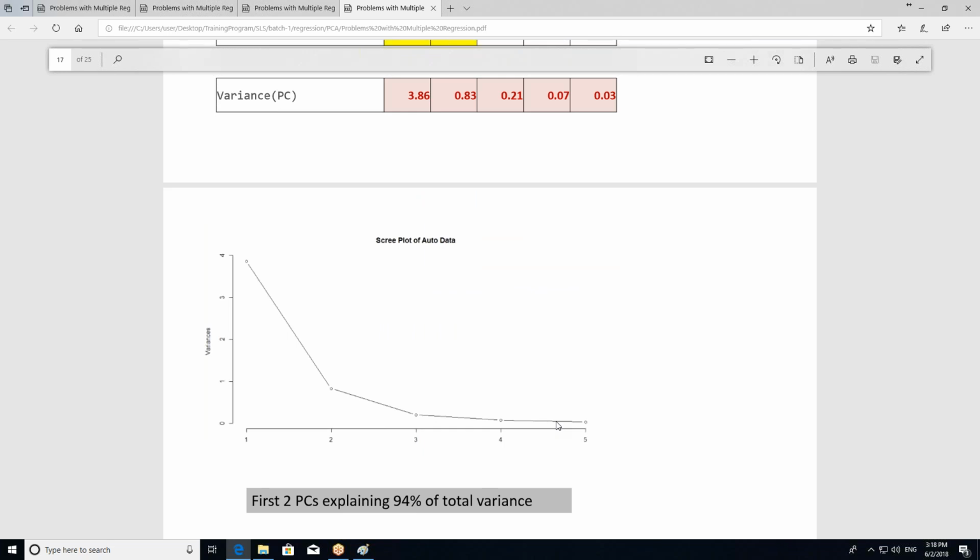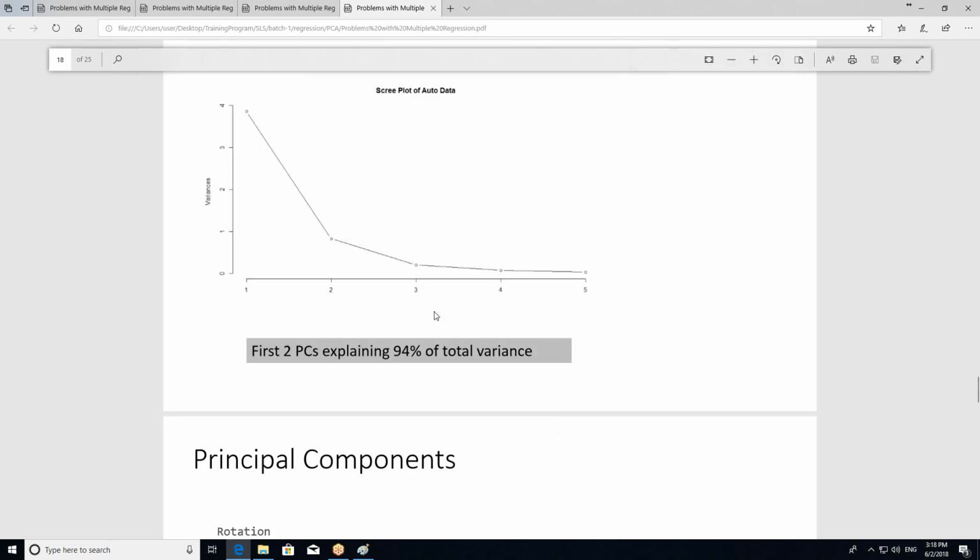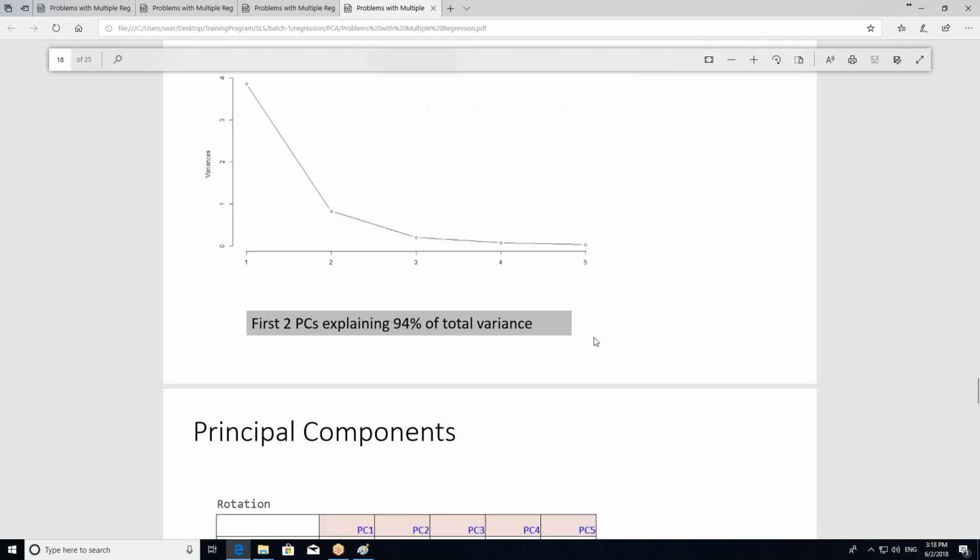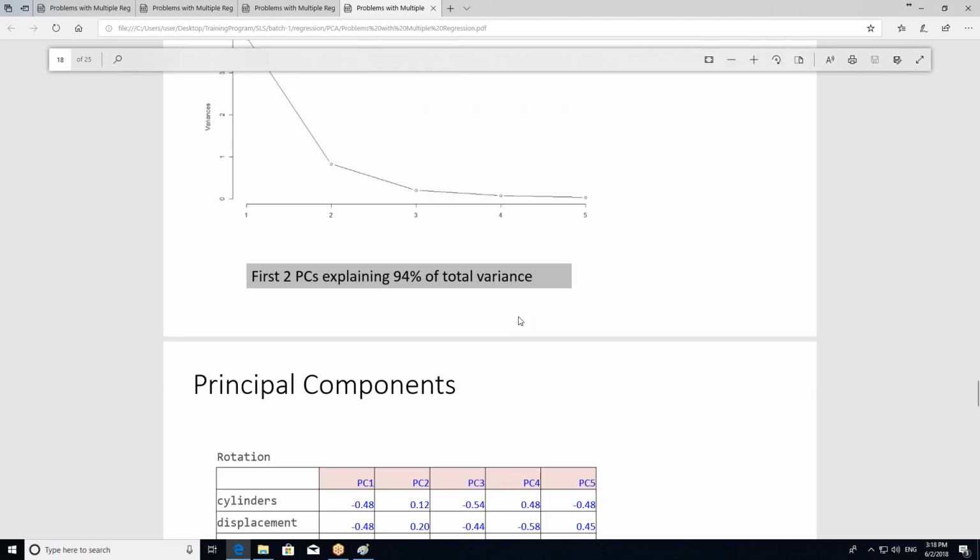The first two explain 94% of total variation. If 94% variation in my y response variable is good enough, then I will not go to the other principal components. I can straight away take principal components 1 and 2 and build my model.